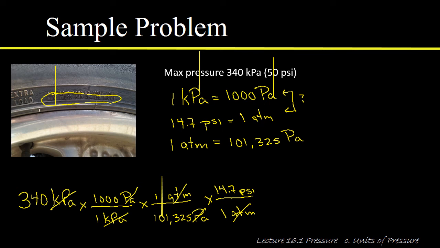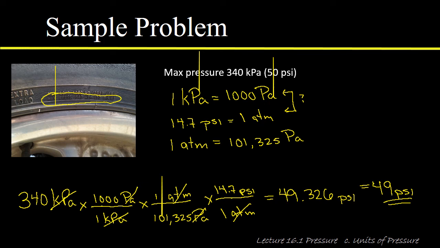And if we just put all of this into the calculator, run these numbers, 340 times 1,000 times 14.7 divided by 101,325. Put all that in, we get 49.326 PSI, which, if we round it to two significant figures, is actually 49 PSI.